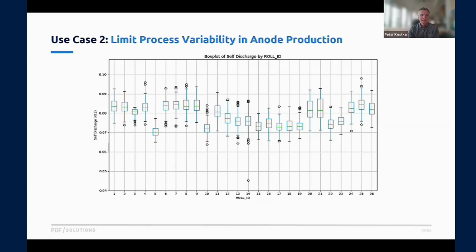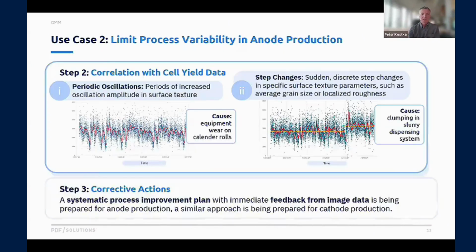We're looking at over 20% difference in self-discharge. So if they can figure out what's going on and control their process so that the self-discharge is around the really low values consistently, then that makes their product more valuable to the end user, and they can improve their margins, increase their costs, et cetera.